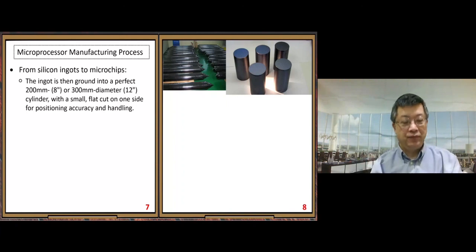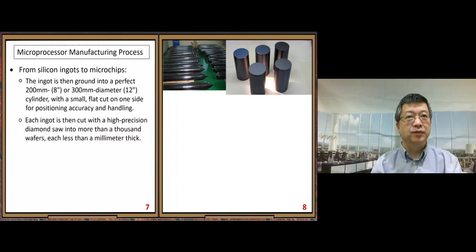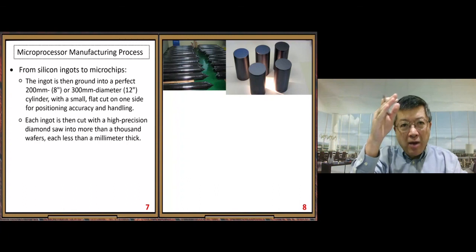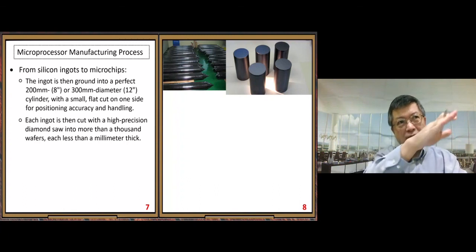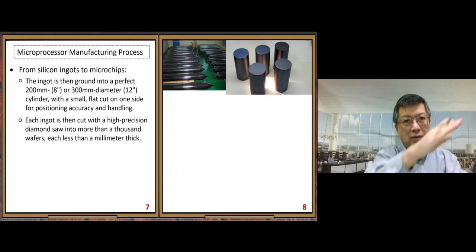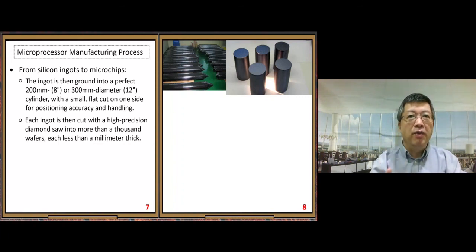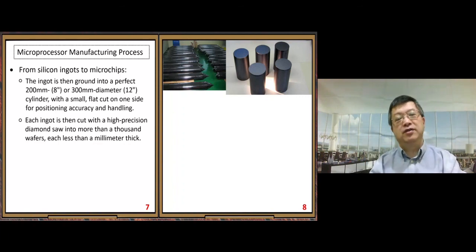Next, we want to get the wafers. Each ingot is cut with a high-precision special saw, a very hard diamond saw, into more than 1,000 wafers.